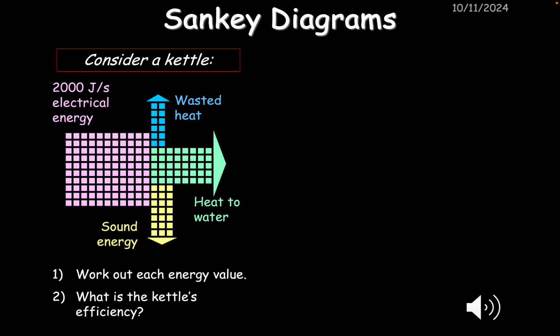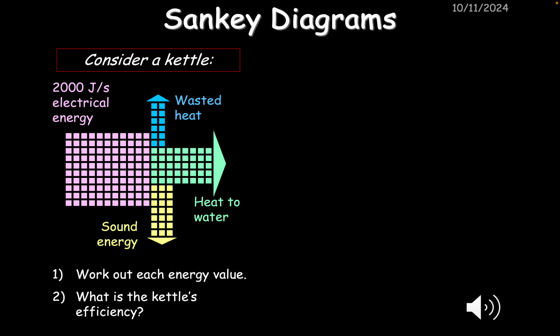Now, when I did this with my GCSE Year 11 students, we saw that only 50% of the heat that came electrically, the electrical work done by the kettle, only 50% of it went to the water when we were trying to boil the kettle of water, because we could work it out using specific heat capacity calculations, which comes up later in Unit 5.